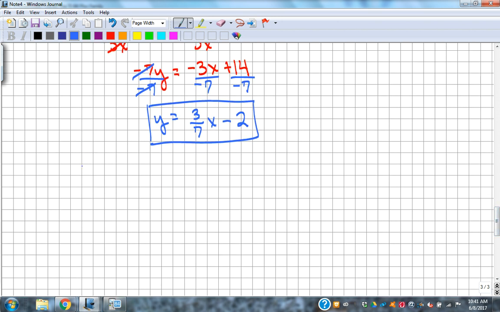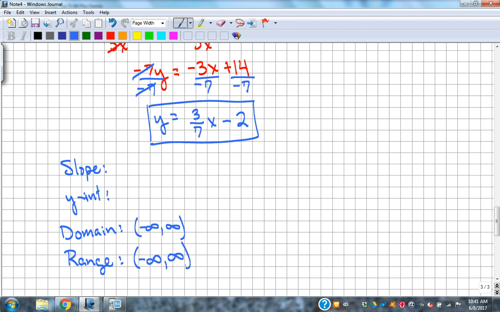So we can tell what the slope is, the y-intercept. And because it's in slope-intercept form, we know that the domain would be from negative infinity to positive infinity. And we know that the range would be the same thing. Because it's in that form, we get that stuff for free.